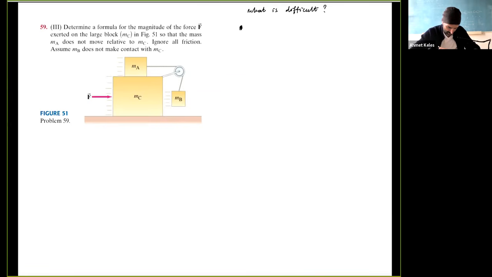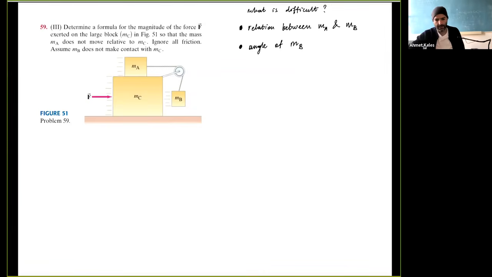One relation between MA and MB, okay? So we have to be careful with this. That's one thing. What else? Also confused if MB will make an angle. The angle of MB. Okay, that's one thing.